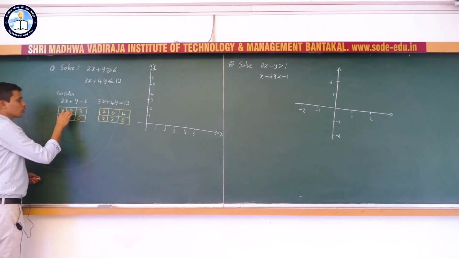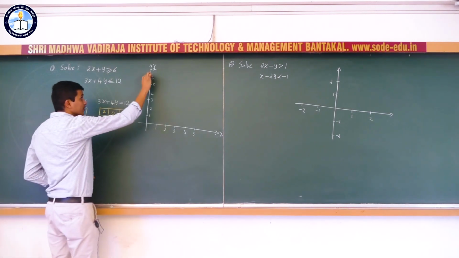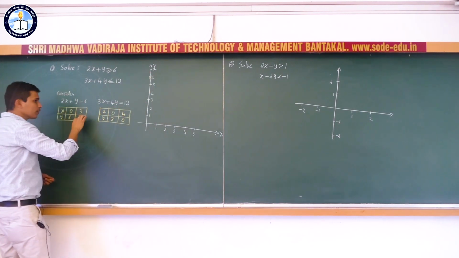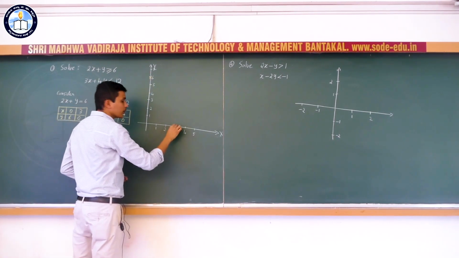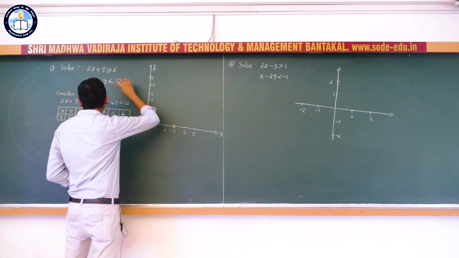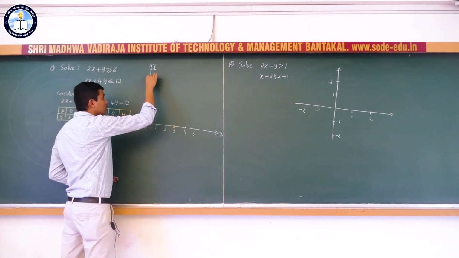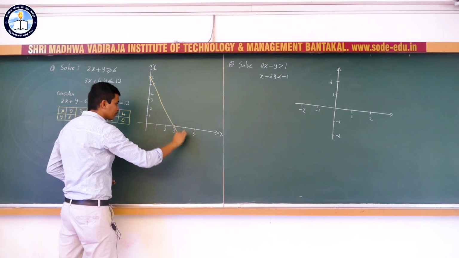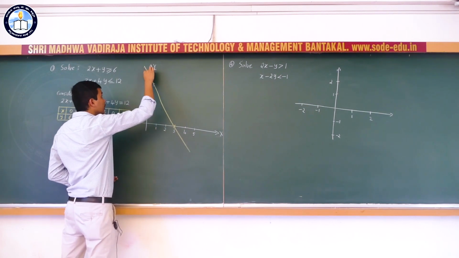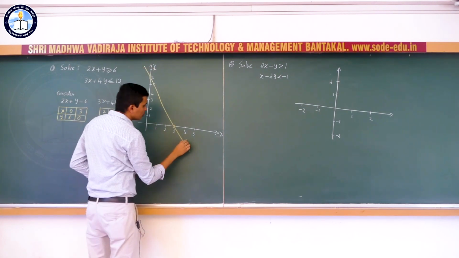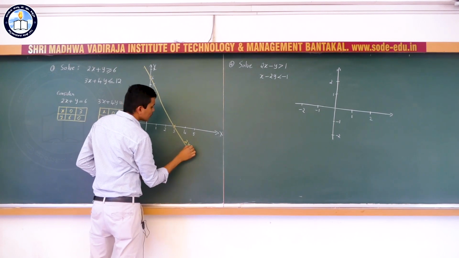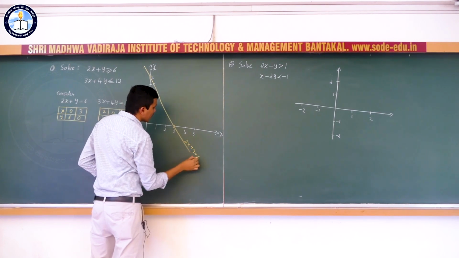Now, 0, 6 on the y axis here, 3, 0 comes here, joining these two, a full line, right? And name that particular line as 2x plus y equal to 6.